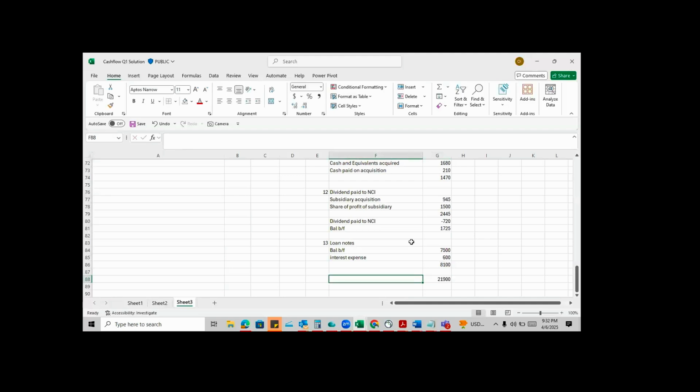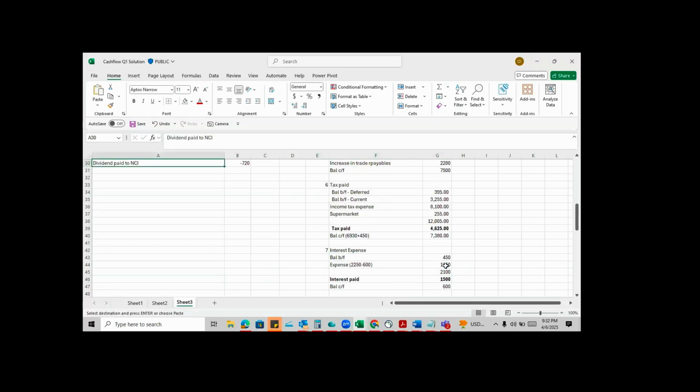So the balance carried forward here was 21,900. The difference between these two is 13,800. So this will be new loan notes, and we must have received cash when we got these new loan notes.